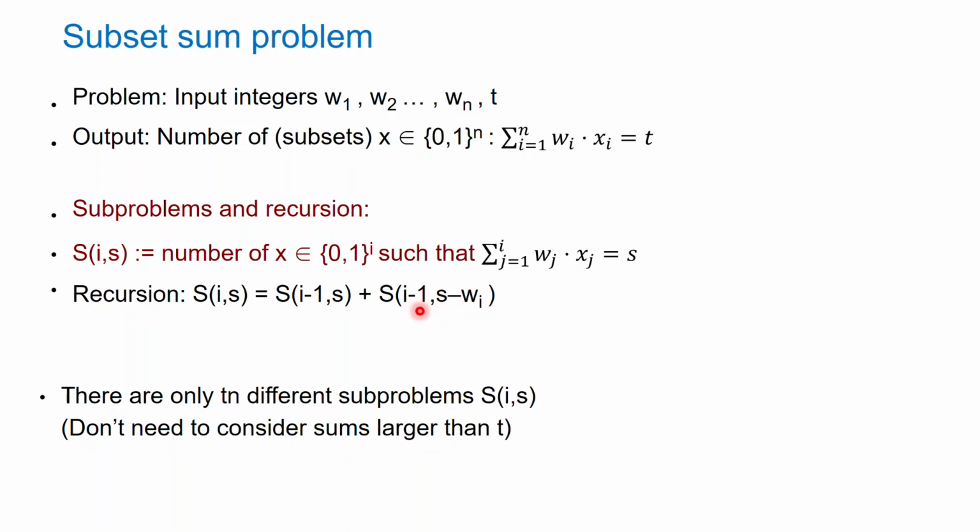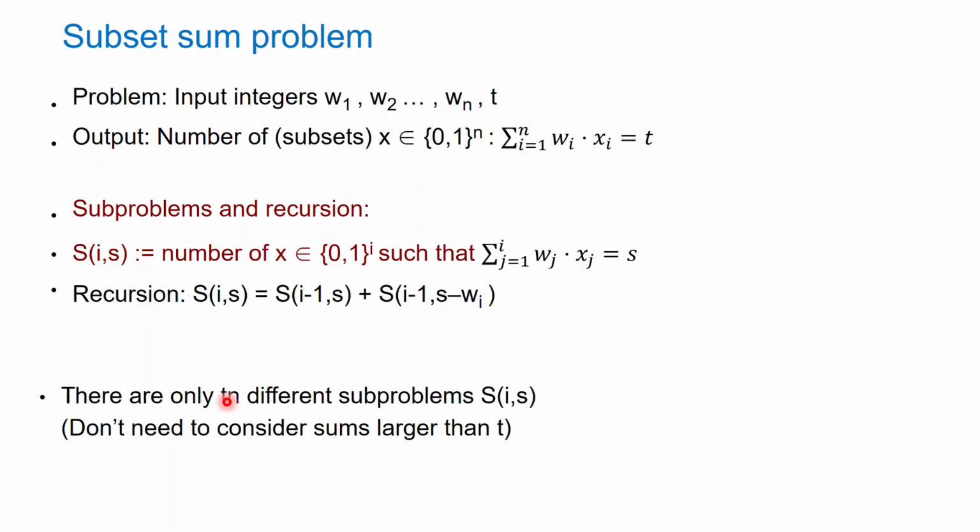Okay, how many subproblems are there? So the number of subproblems really depends on how big a target you're shooting for. Okay, and for an arbitrary t, the number of subproblems will be t times n.